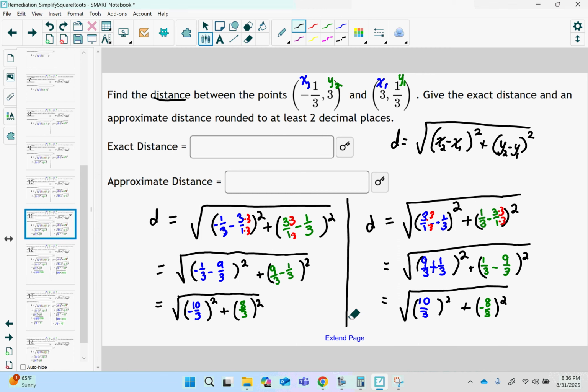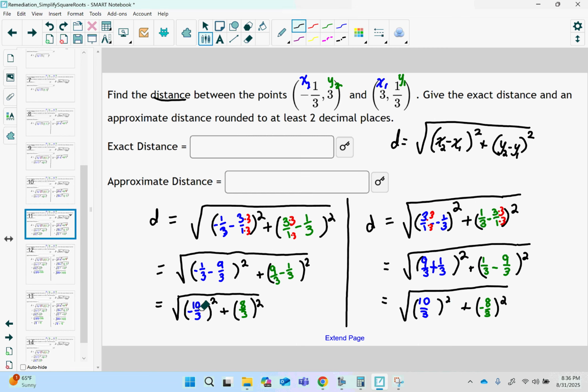Now, if you look at these two versions, on the left we have quantity negative 10/3 squared. And on the right, in the other version, we have positive 10/3 quantity squared.